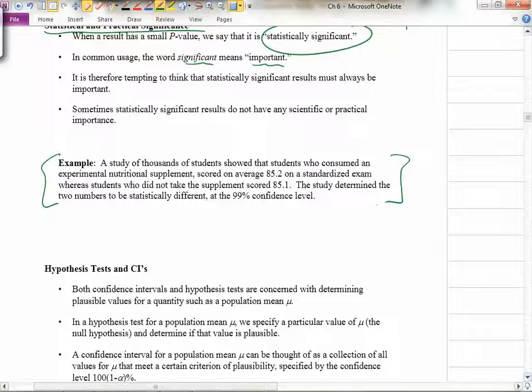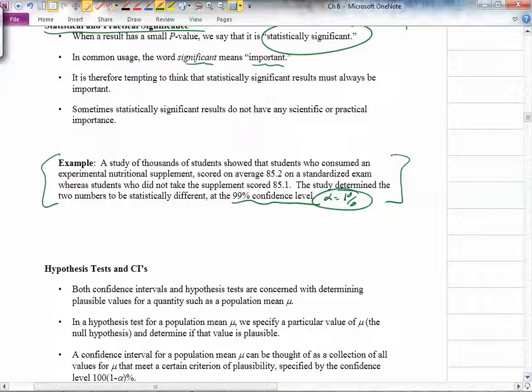So in the book, it just says, all right, we've got this supplement, and we've done a test on a bunch of students and found that it improves scores on an exam, but it was highly statistically significant. So even at the 99% confidence level, or we would say that at the 1% alpha, so that would be alpha equals 1%.